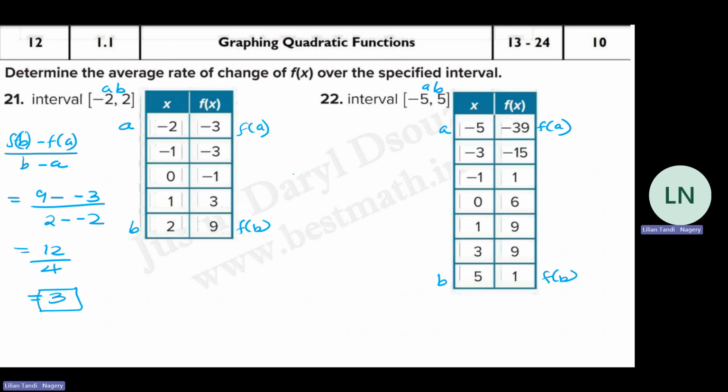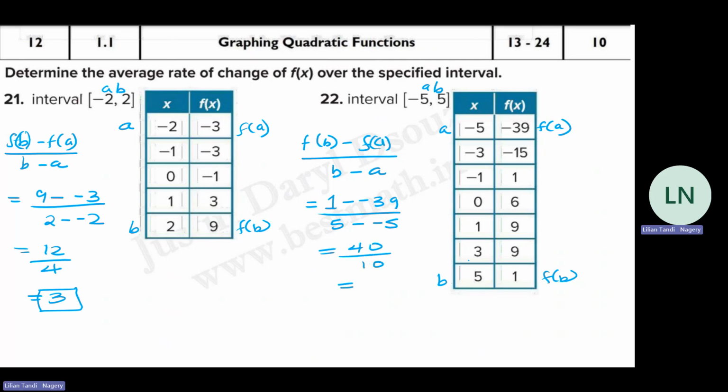Same thing here, F of B minus F of A over B minus A: 1 minus negative 39 over 5 minus negative 5, 40 over 10.